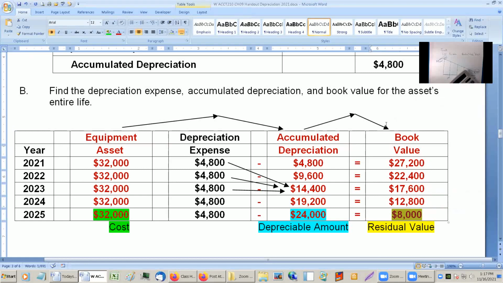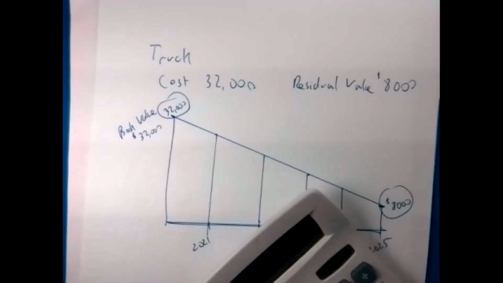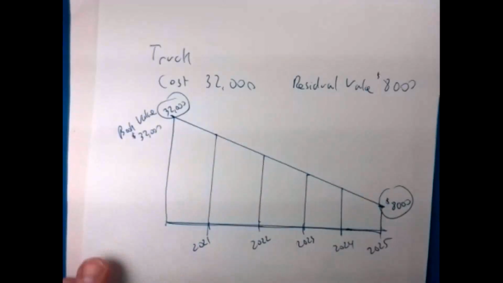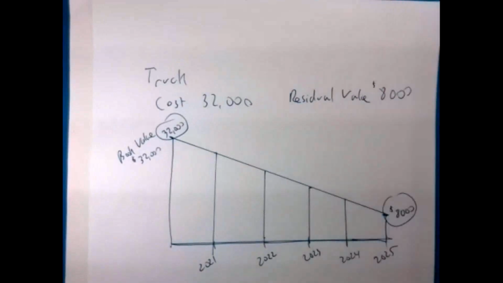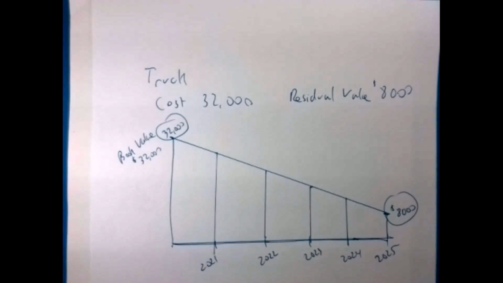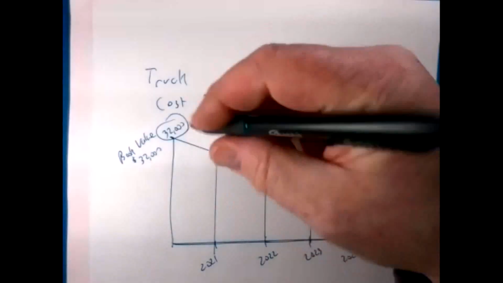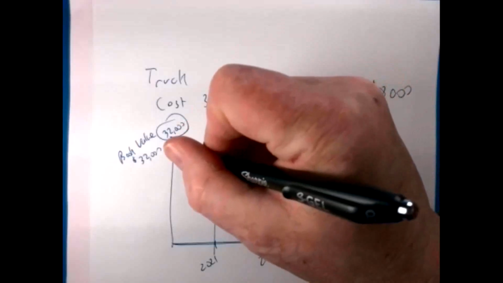So in case you're wondering why it has the name straight line, it's sort of like this. Every year, it's going to go down by 4,800.